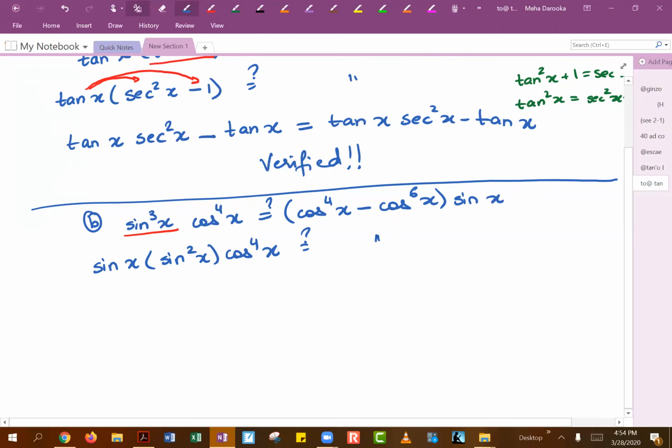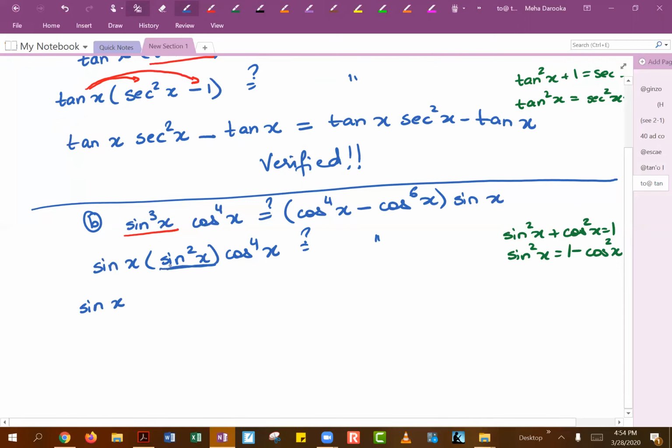Now for my sine squared of x, I am going to use our Pythagorean identity. So to get sine squared by itself, we'll go ahead and move our cosine squared to the other side. So leave your first sine of x the same.